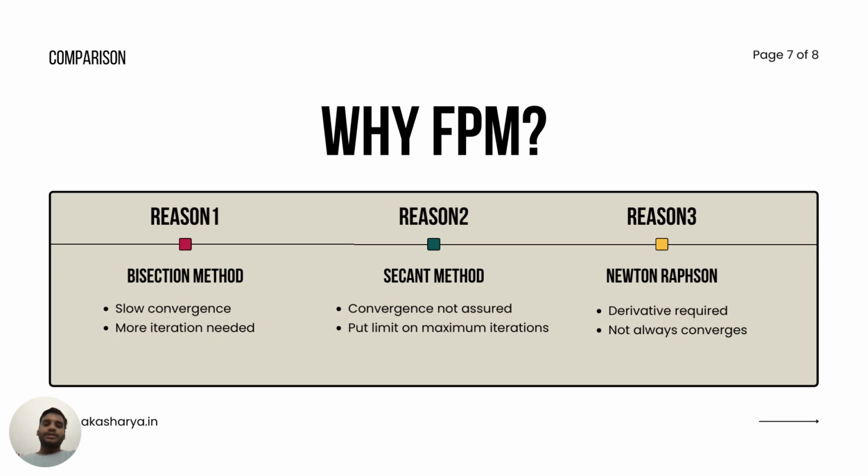And if we compare with the second method, in the second method we all know the convergence is not assured. That's why we put limits on the maximum iteration. So this is the advantage of FPM over the second method.